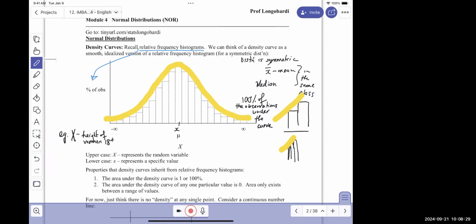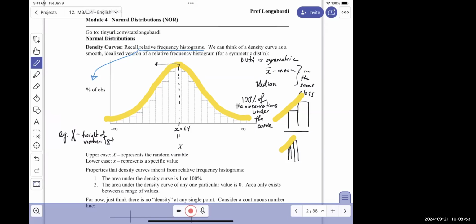Let's say I let x be 64 in the middle, and I use the relative frequency histogram. I could ask, what percentage of observations are less than 64?